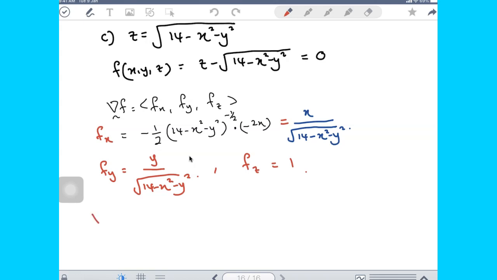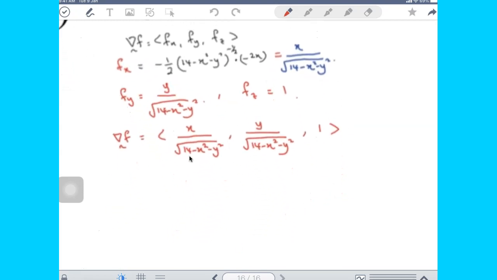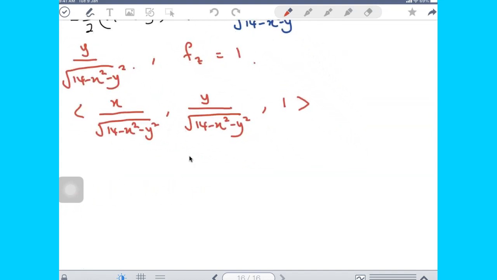So now we put it into the gradient f: x over square root of 14 minus x squared minus y squared, y over square root of 14 minus x squared minus y squared, and then 1. Then we evaluate the gradient f at the point given, which is -1, 3, 2.